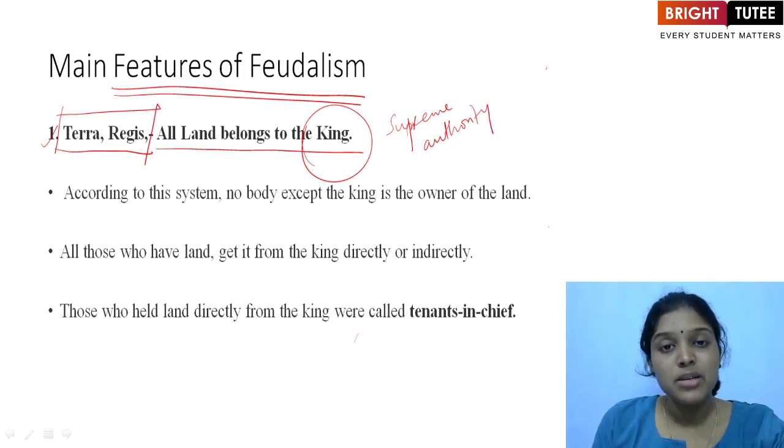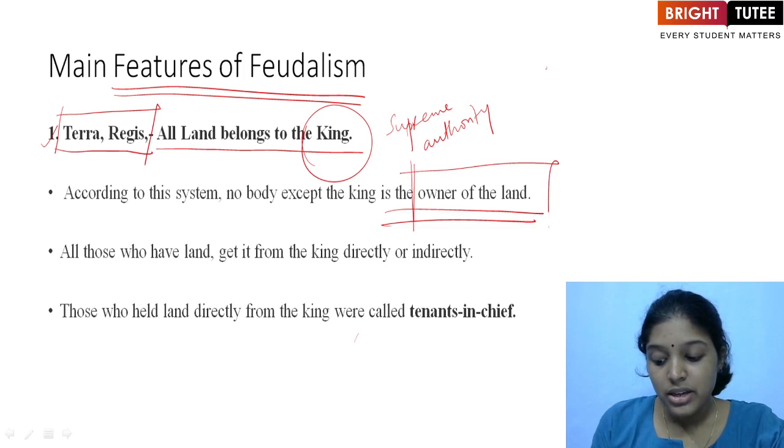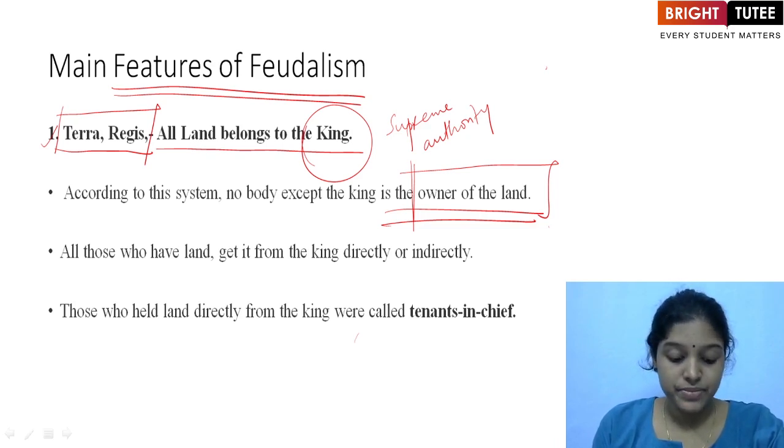All land belongs to the king, or terra regis. According to this system, nobody except the king is the owner of the land. So the ultimate owner is the king. You must remember that terra regis says that the king is the supreme owner of land.